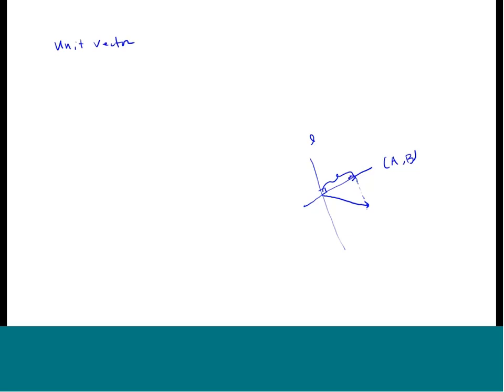The unit vector is (a, b) over the square root of a squared plus b squared. Unit vector means the length equals 1. Okay. Then we start with any point here, any point x1, y1. Doesn't really matter which one.